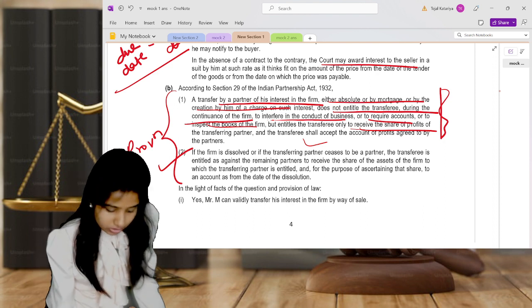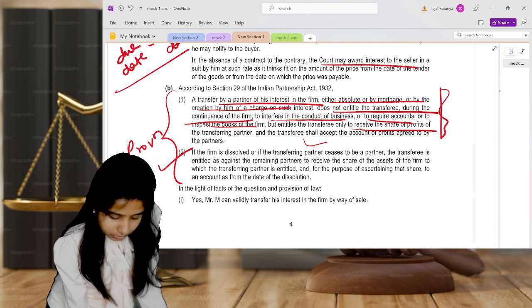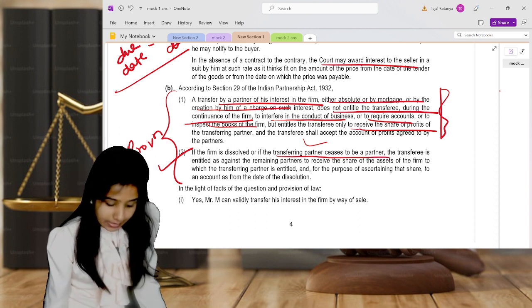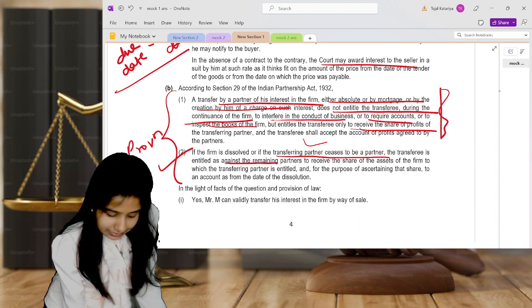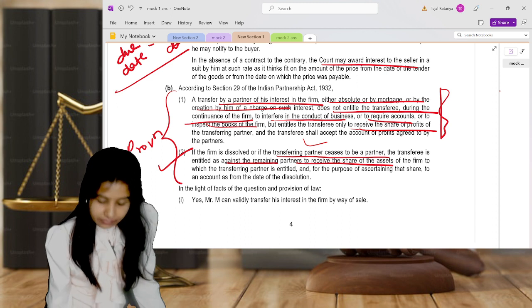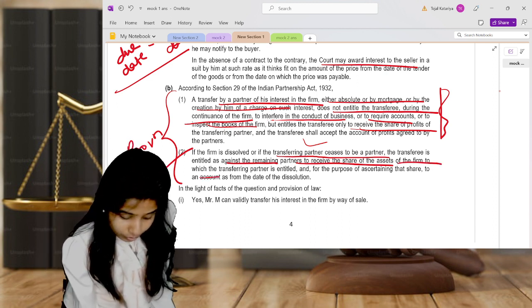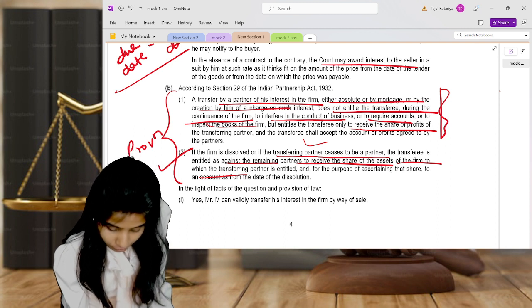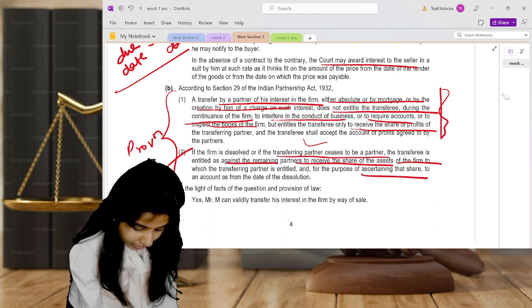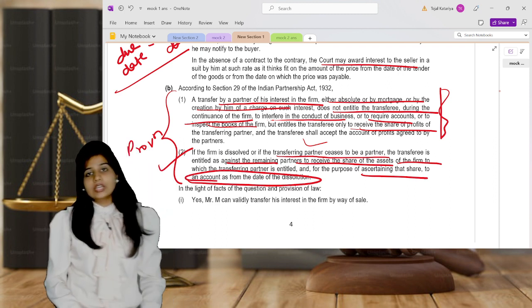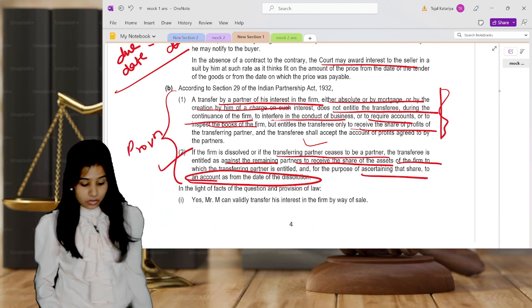But the second situation is, in case the firm is dissolved, or the transferring partner ceases to be a partner, the transferee is entitled, as against the remaining partners, to receive the share of assets of the firm to which the transferring partner is entitled. For the purpose of ascertaining the share, he can ask for the books of accounts from the date of dissolution.